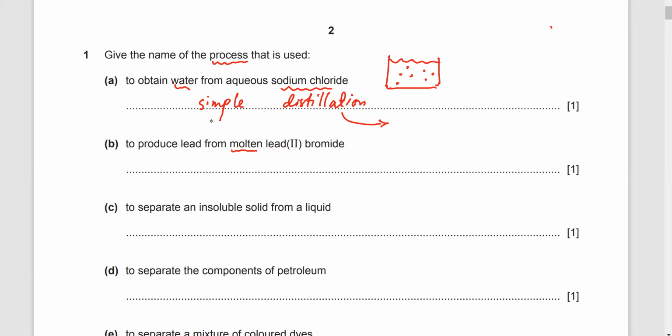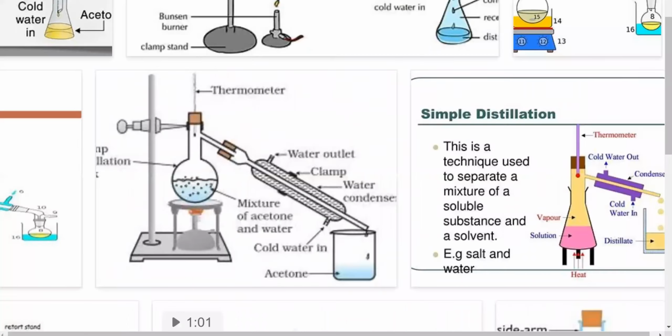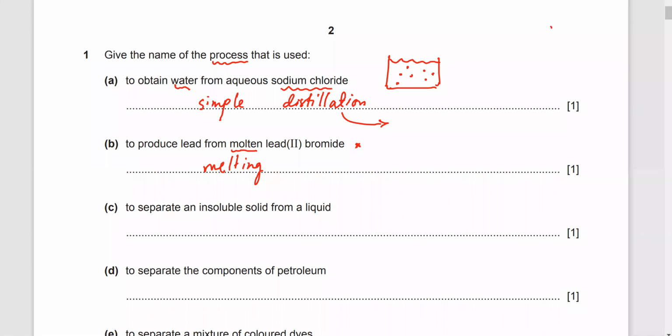I'm assuming it's melting. We need to check this one because they're being very vague. Okay, so we're going to check the answer. We can open a marking scheme right next to this. You're supposed to produce lead, not melt lead bromide.